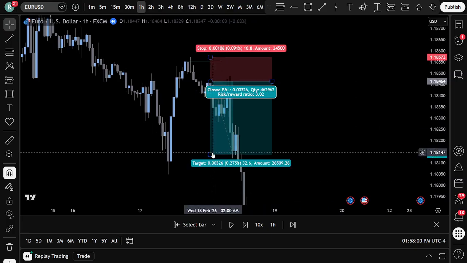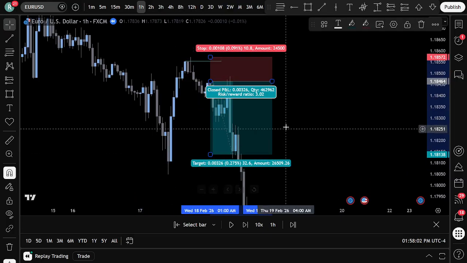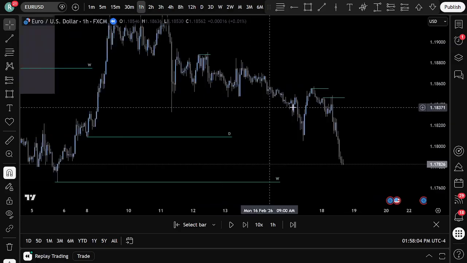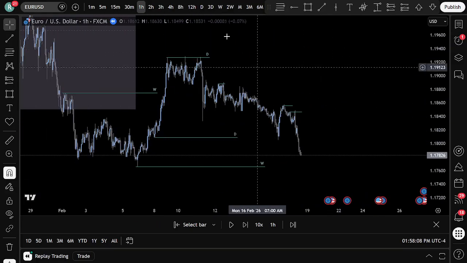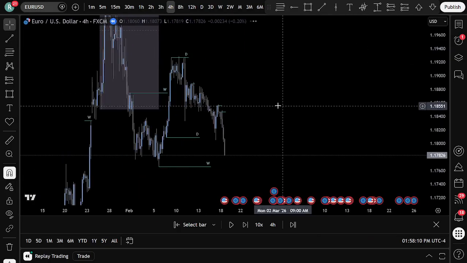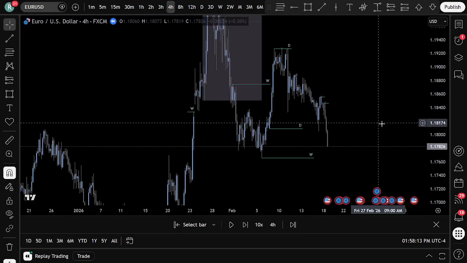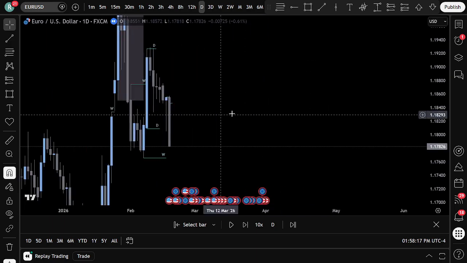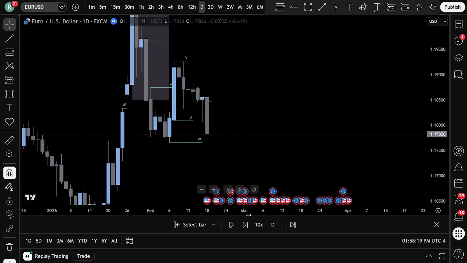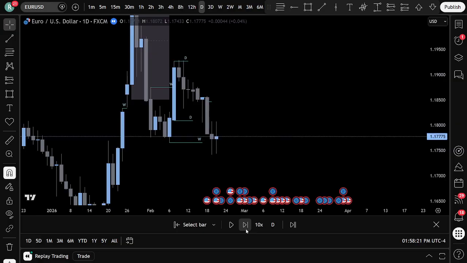Okay, and we continue lower. So you can see how as we look at the sell side of the curve, as ICT, MXM, CRT people would talk about it, you can see how the sequence is printing all the way down. Okay, and then we come to the weekly range low, chop chop.